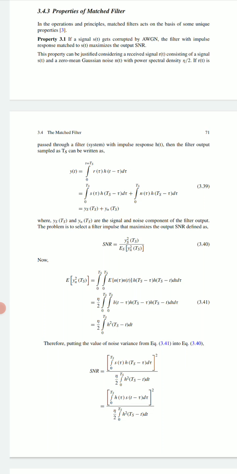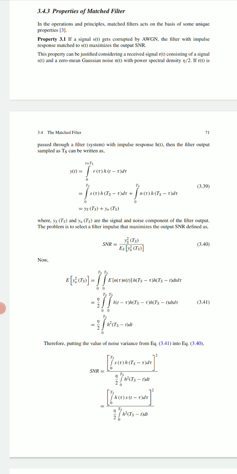Here we want to maximize the SNR, so the problem is to select the filter impulse response that maximizes the output SNR.